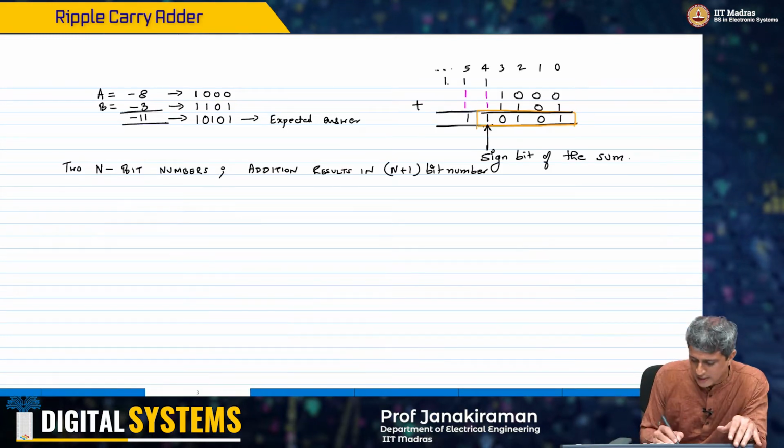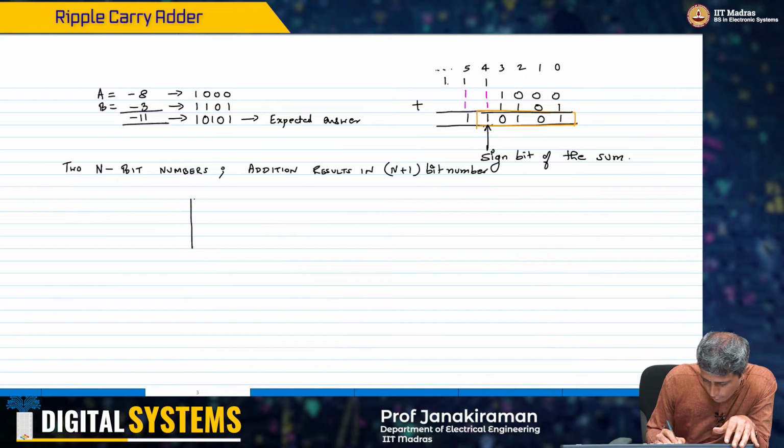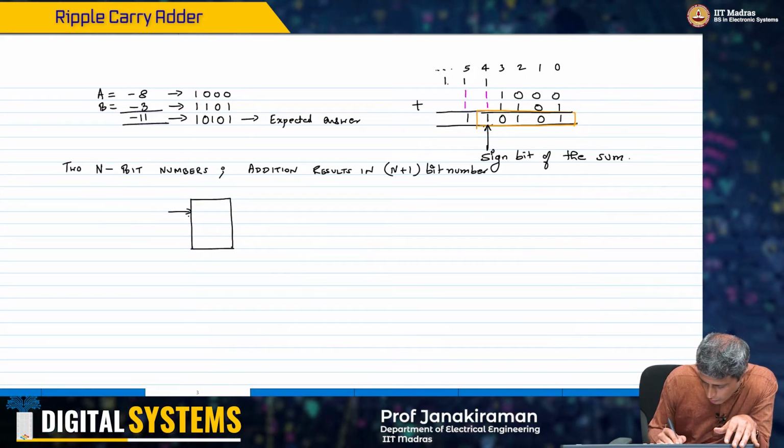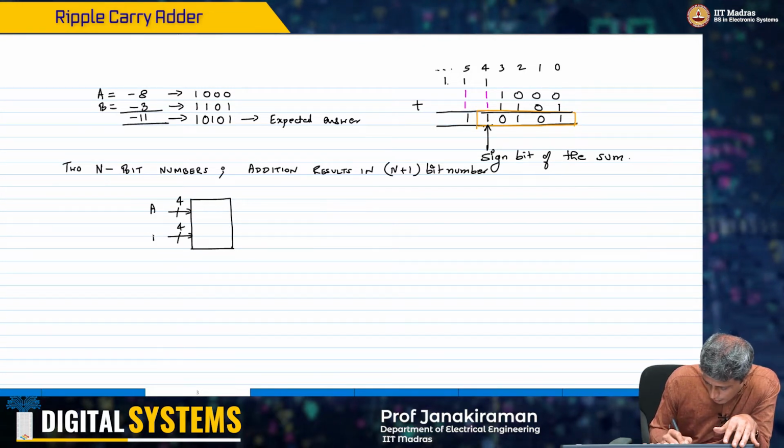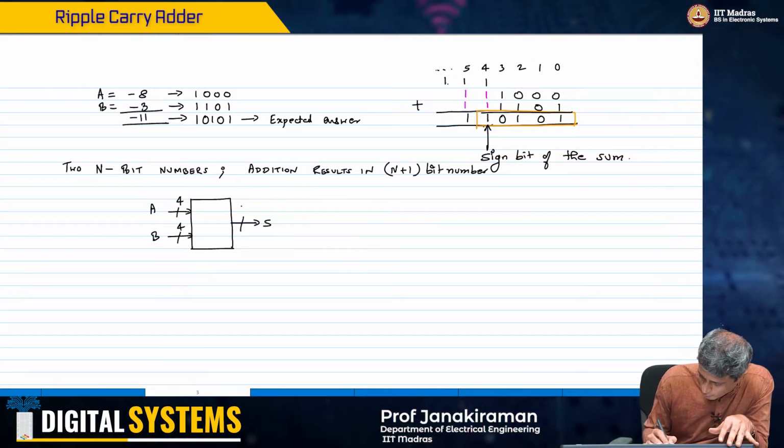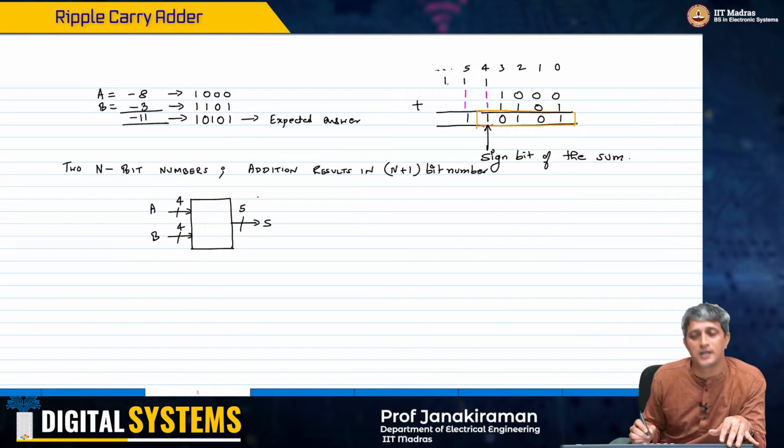Similarly, if I look at a simple 4-bit case, A, B, and the sum, this is going to be a 5-bit answer.